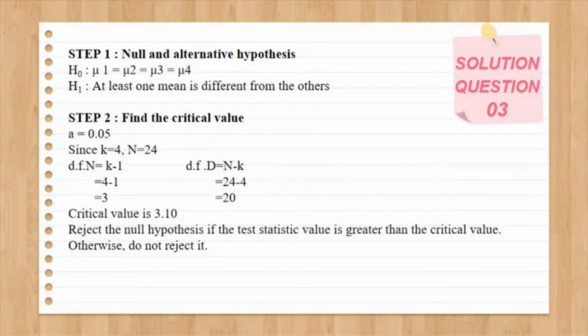And then we refer to the F distribution table. We will get the critical value 3.10. We will reject the null hypothesis if the test statistic value is greater than the critical value. Otherwise, we do not reject it.